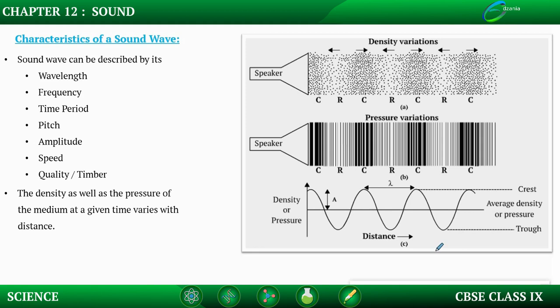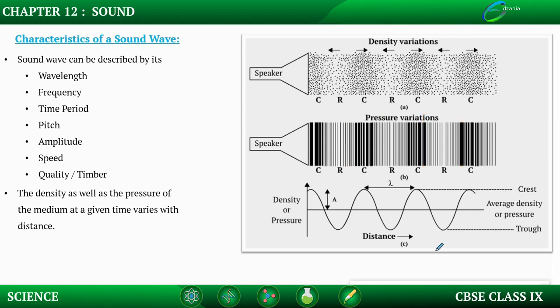Now, for the graphical representation of sound wave, we will see the example of tuning fork or any other vibrating object producing sound, and we know that there will be the variation in density of the particle throughout. As in compression, they will be crowded together, and in rarefaction, they will be spread apart.